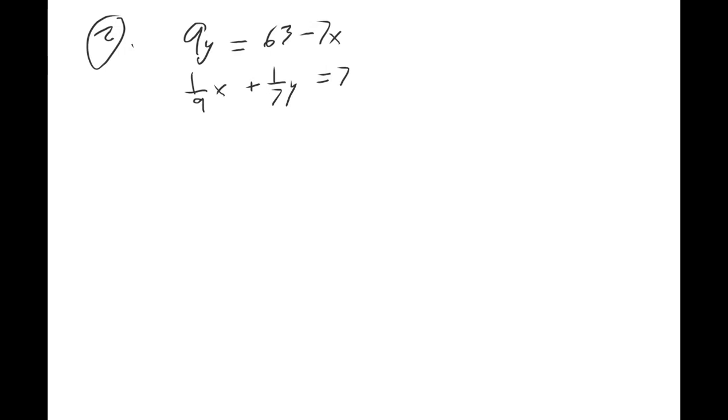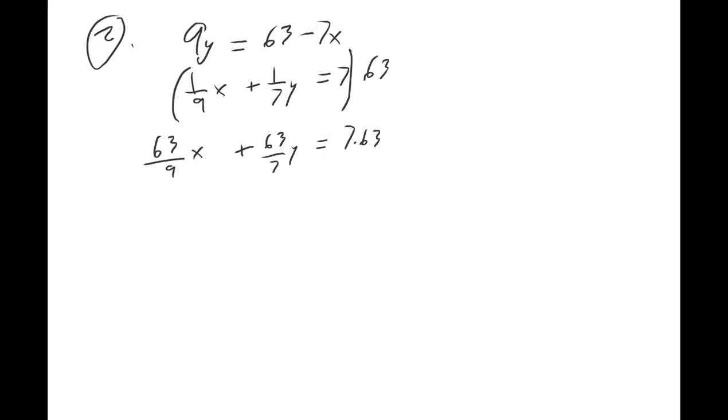All right, well, first of all, let's actually try something else. Before we do a substitution, let's find the least common denominator of this equation, which is 63, and let's multiply by that. So if I do 63 times that equation, I'll get 63 over 9x plus 63 over 7 times y equals 7 times 63.